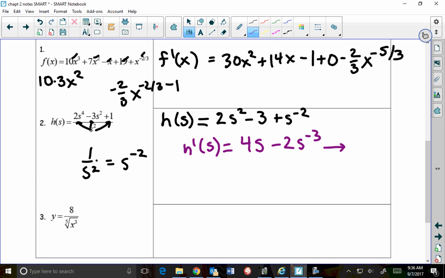But let's go ahead and see if we can get this back to a poly over a poly, a rational expression. Okay. That makes sense.